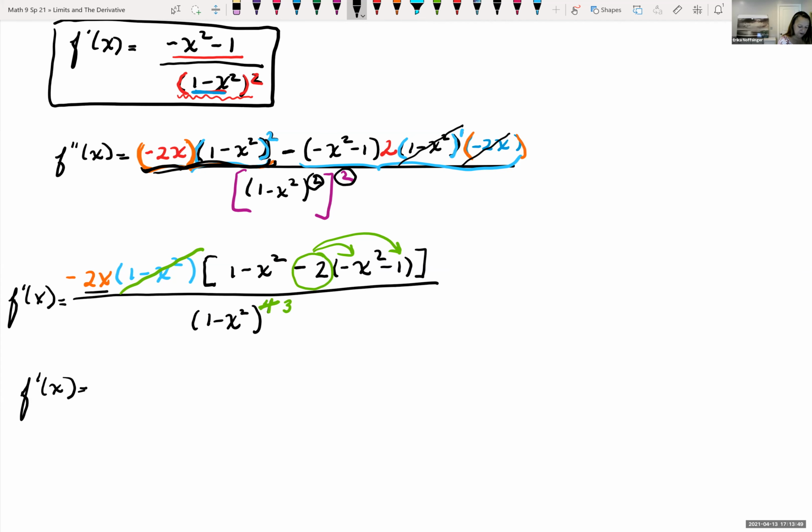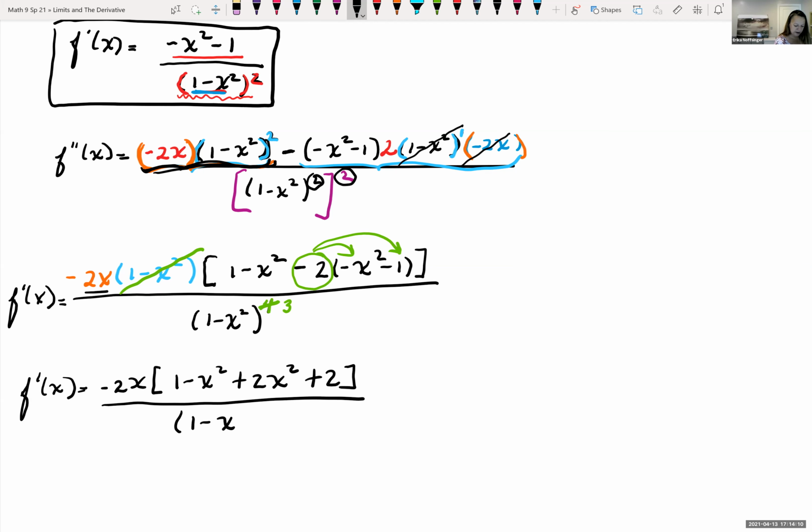So we have this negative 2x, and then we have 1 minus x squared. Distributing that negative 2 times negative x squared, that's plus 2x squared. And negative 2 times negative 1 gives us that plus 2, all over this 1 minus x squared quantity cubed.